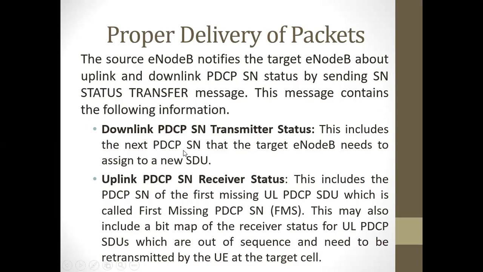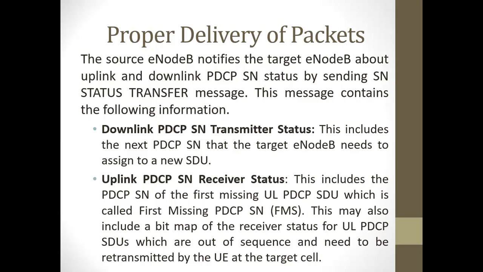For uplink, it includes the information on which PDCP sequence number it has failed to receive as the first one. It has received properly in the uplink until a certain PDCP SN.